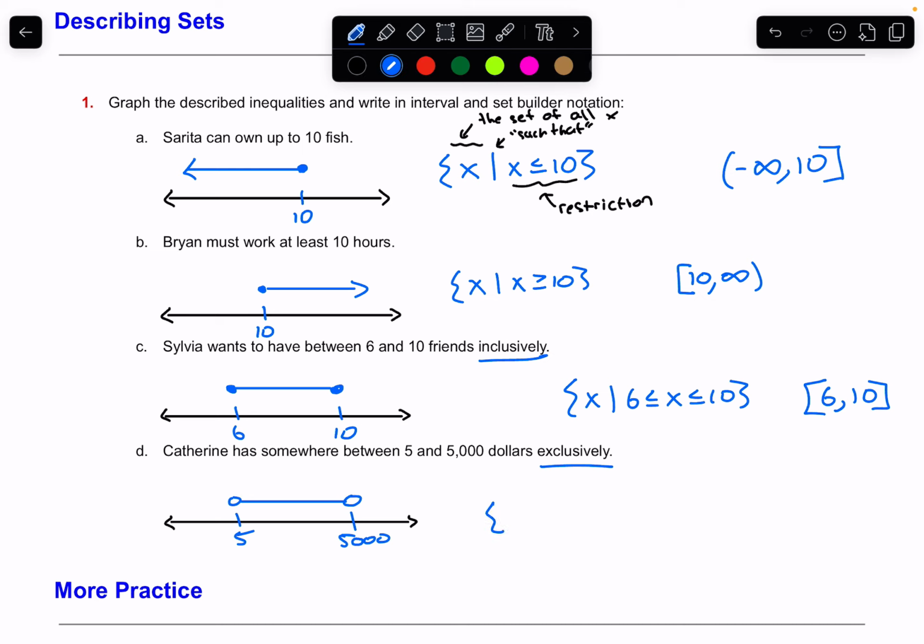So in set builder notation, I'm going to say x needs to be between 5 and 5,000. But this time I'm going to put strictly less than symbols. Okay, so there is no or equal to's on these because those endpoints are not included. And then in interval notation, not including means I will use parentheses on both sides, the 5 and the 5,000.